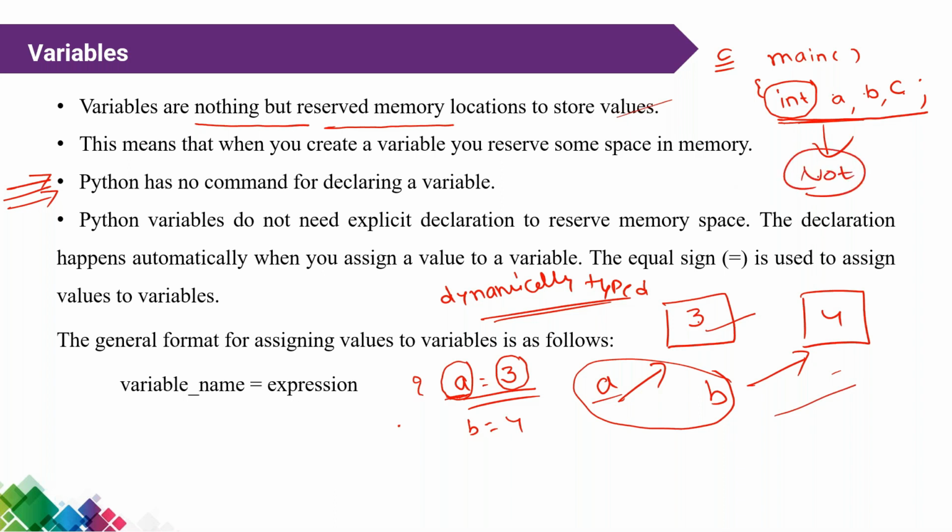But coming to Python, here there is no need to declare the variables. That means Python does not need any explicit declaration.